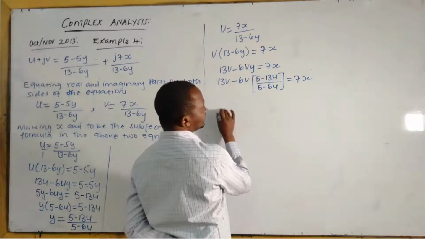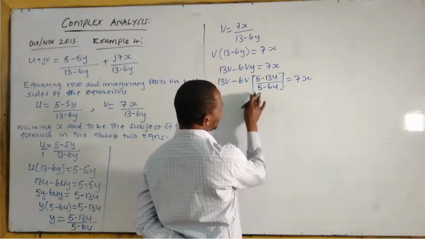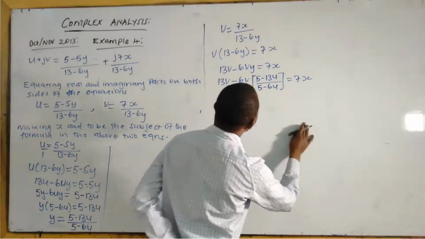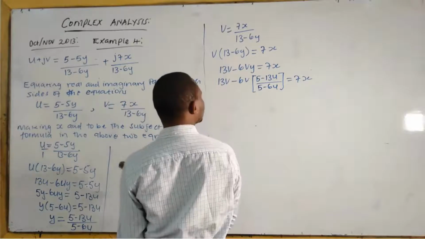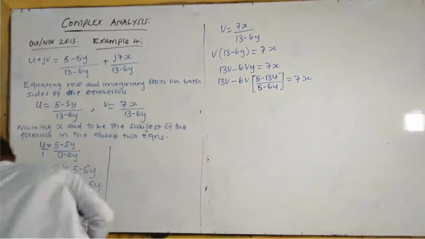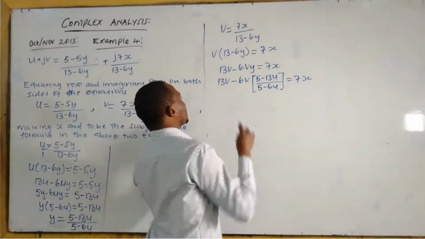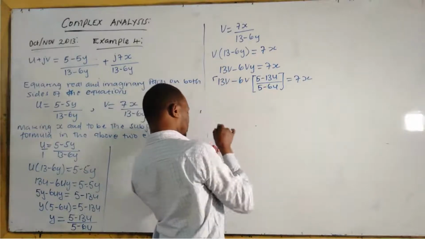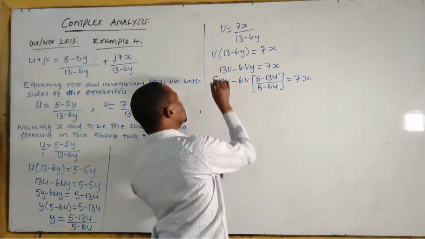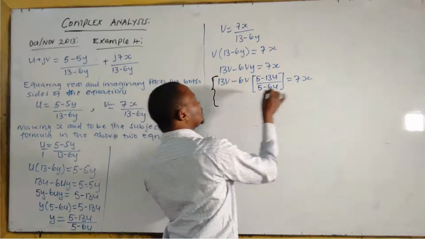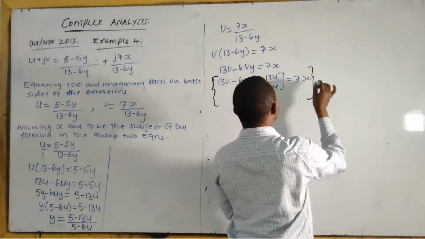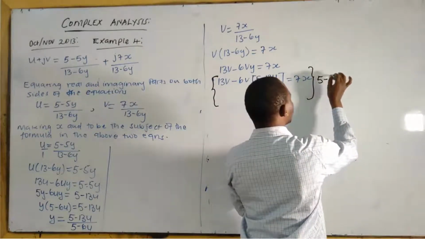I think we should cross multiply through with 5 minus 6u. Let us multiply here. We multiply with 5 minus 6u.